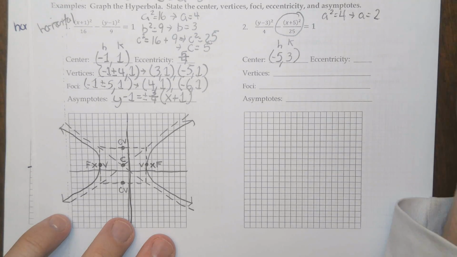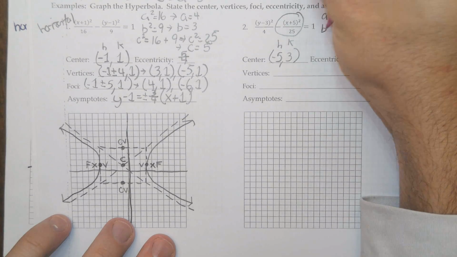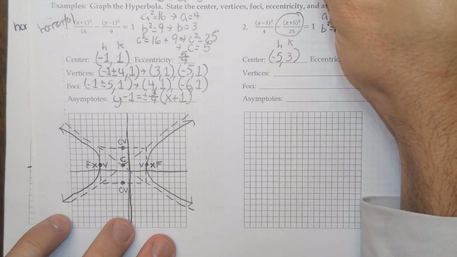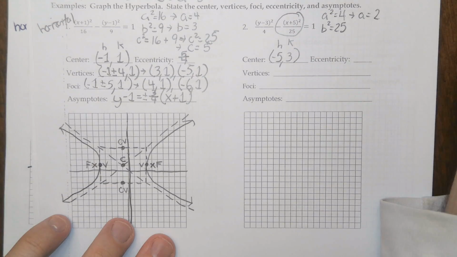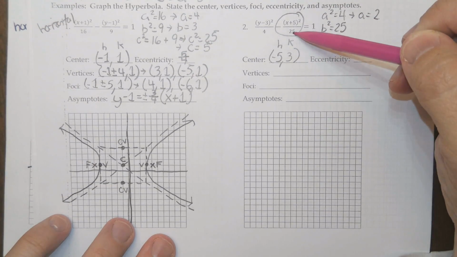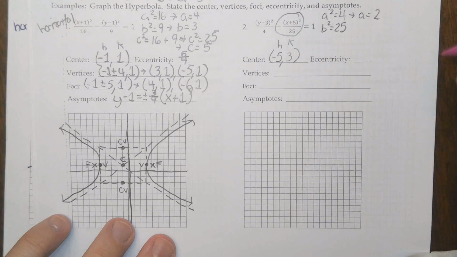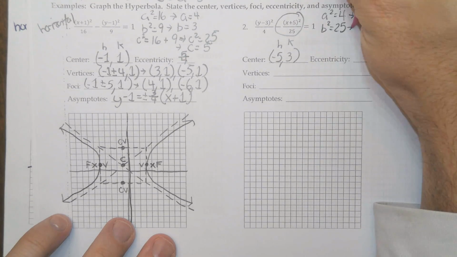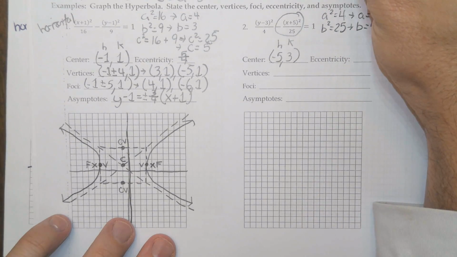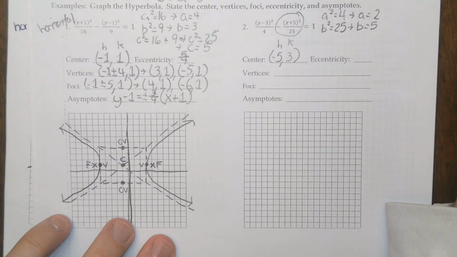Okay. B squared is equal to 25 then. Remember, B squared is always to the right of the negative sign, every time. And when you square root both sides there, you're going to get that B is equal to 5. Now to find C, we're going to use our formula.